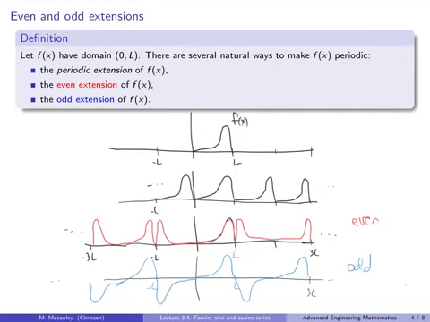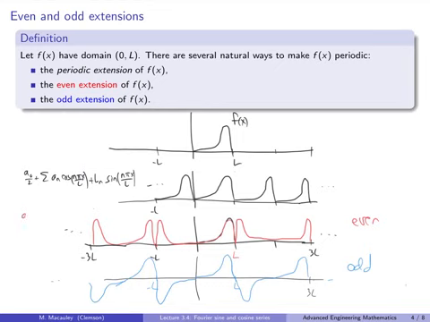Now the original f of x cannot be represented as a Fourier series, because it's not periodic. It's just a little blip. But the periodic extension, if we wanted to represent it using a Fourier series, is not even nor odd. It's going to contain both sines and cosines: a_n cosine of n pi x over L plus b_n sine of n pi x over L. However, the even extension, because we have forced it to be an even function, is only going to contain cosines.